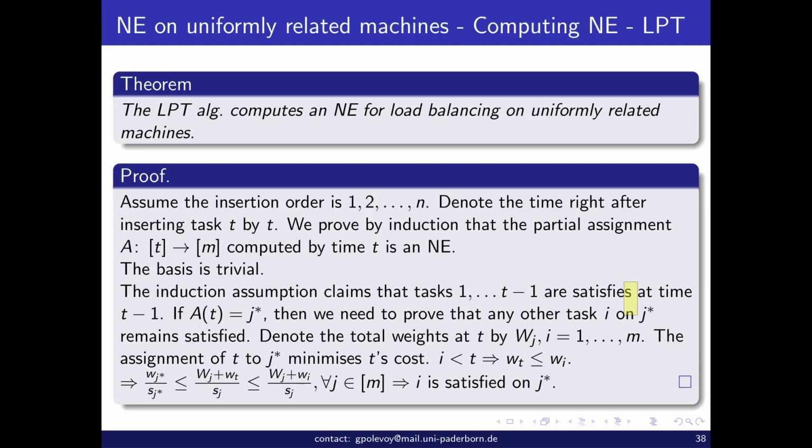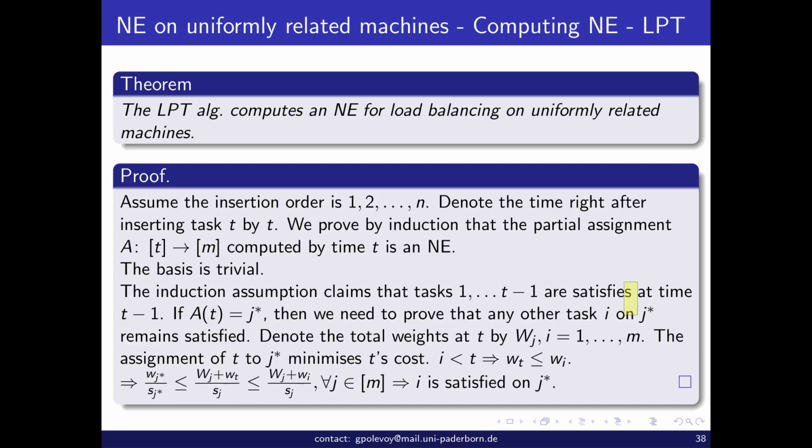We need to prove that any other task from 1 till t minus 1 which had been assigned to j star remains satisfied. That's enough, because the new task is at this moment also satisfied, since we assigned it to the best machine we could at that time. No task which is not on that machine can stop being satisfied, because its cost has not increased; only the cost of tasks on j star has increased.